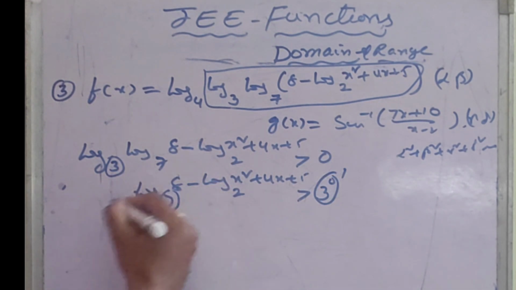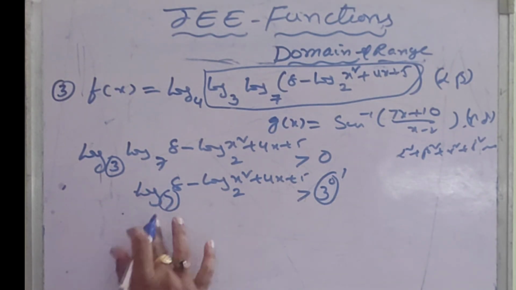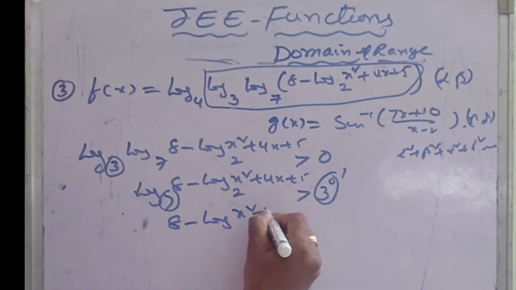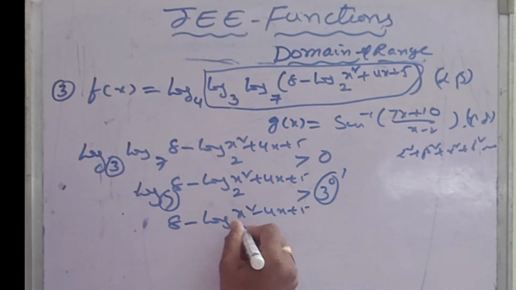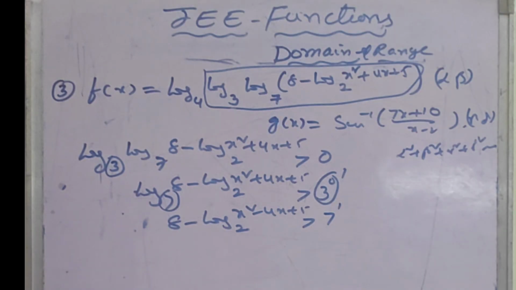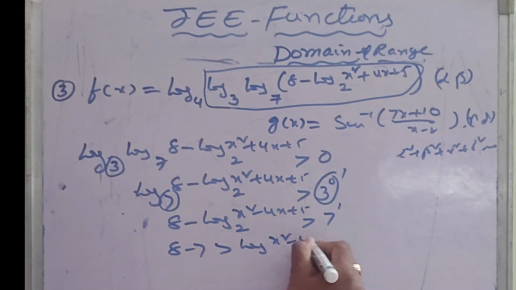Applying it again, 8 minus log of x square plus 4x plus 5 base 2 is greater than 7 power 1. Now 7 transposes to the other side: 8 minus 7 is greater than log of x square plus 4x plus 5 base 2.